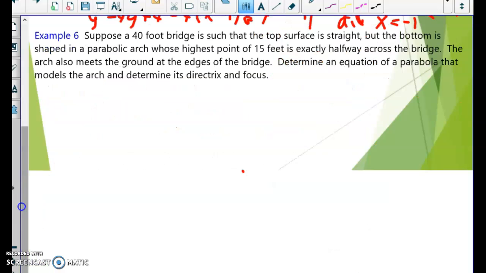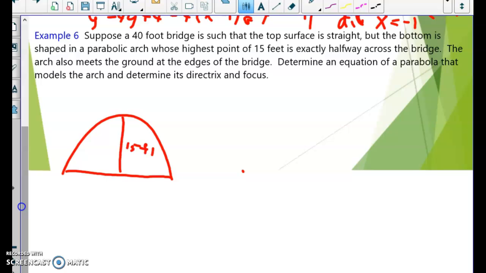Make some room down here. It says, suppose a 40-foot bridge is such that the top surface is straight, but the bottom is shaped like a parabola, whose highest point is 15 feet. So I have a parabola, and the highest point is 15 feet.